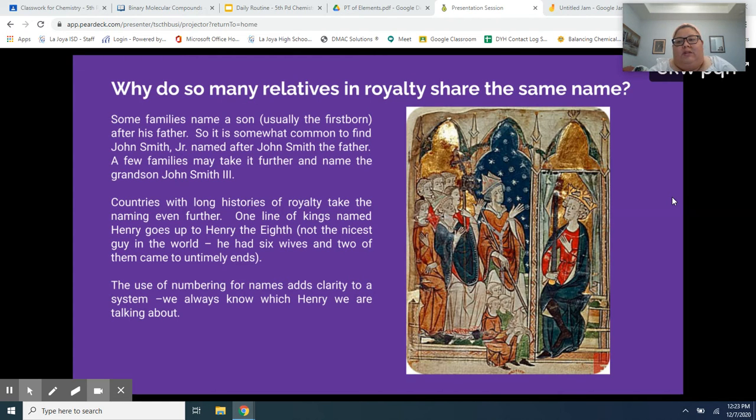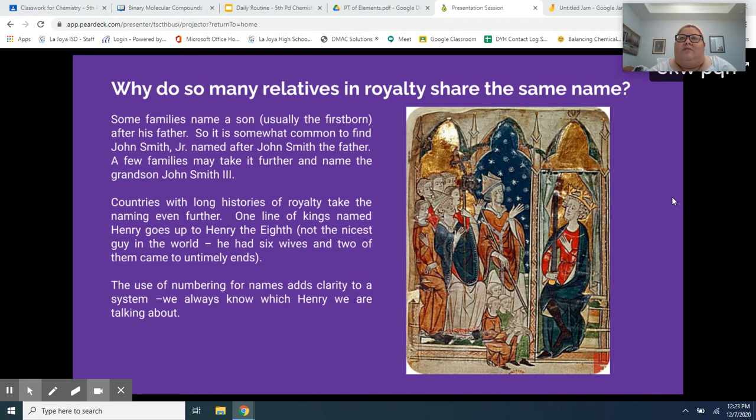The punishment he would always give these wives was decapitation. He was famous for decapitating his wife. So it says here at least 2 of them came to that untimely death. The reason he's known as Henry VIII is because there were other Henrys before him.